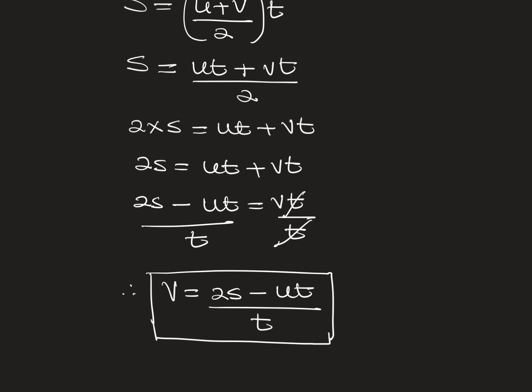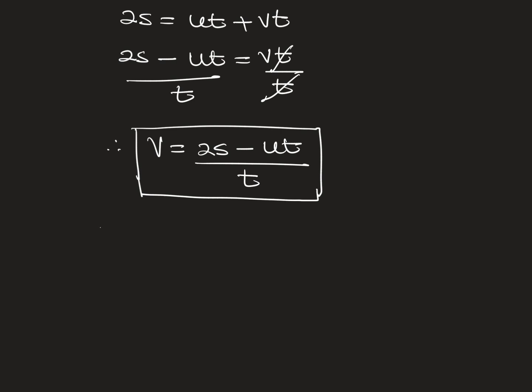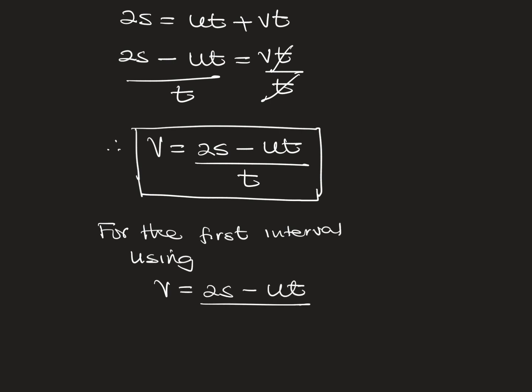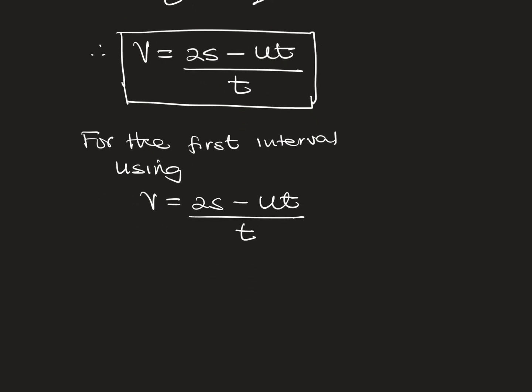So for the first interval, using V is equal to (2S minus UT) over T. Because I am referring to the first interval, I will make everything 1. So that will be V1 is equal to (2S1 minus U1 T1) divided by T1.